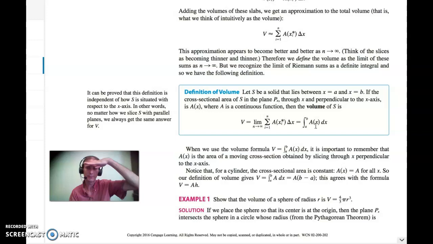Like, what's the area of that slice of my head? What's the area of this slice around my shoulders? And so on and so on. And for a human body, that's not going to be anything nice, or it's going to even be impossible to find. Furthermore, even if you can find this area function, it has to be a nice enough function that we'll actually be able to calculate its antiderivative in order to calculate the integral.